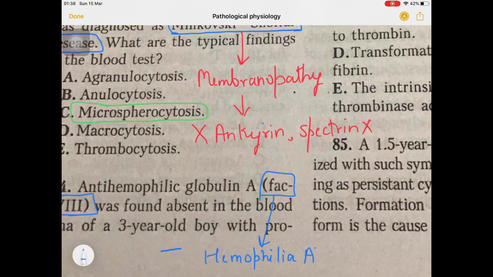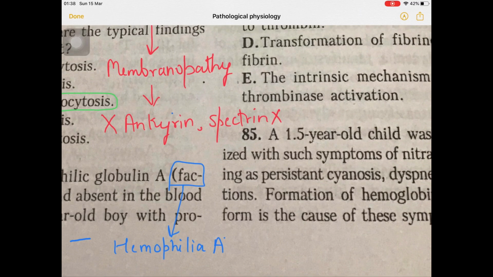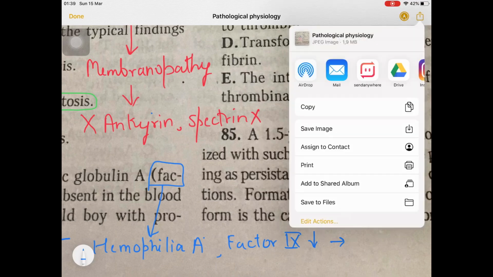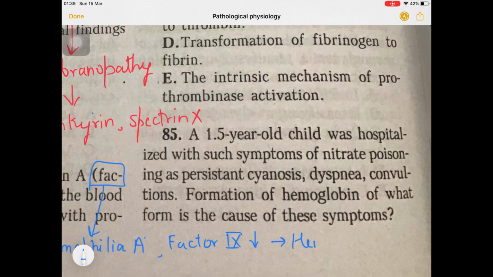And I know this thing as well, that factor number 9 deficiency is hemophilia B, and hemophilia B we also call Christmas disease, right?